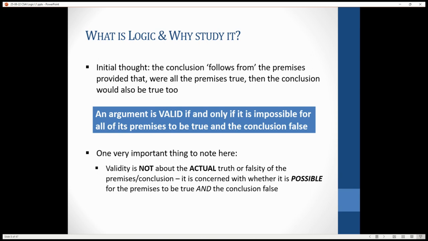That's somebody else's job. We just care about whether it's possible that these ones are all true and this one's false. This is actually going to be one of the best things about formal logic. We don't have to get out of our armchair to do it. We don't have to learn about the world. We just have our beautiful machinery to do the job for us.